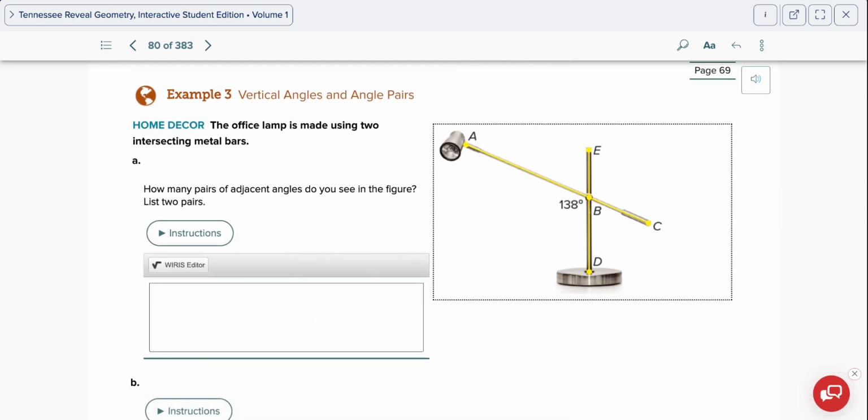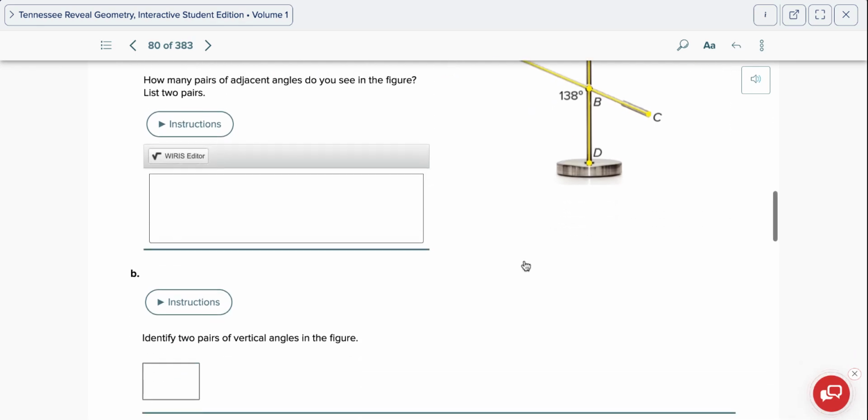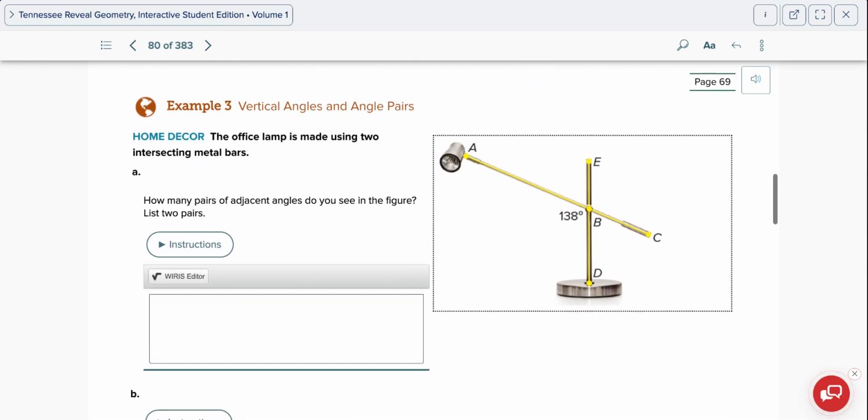Okay, example number 3. How many pairs of adjacent angles do you see in the picture? List 2 pairs. Well, these are adjacent. These are adjacent. These 2 are adjacent. And these 2 are adjacent. Then I have 2 pairs of vertical angles.